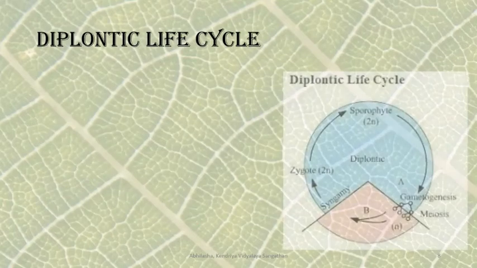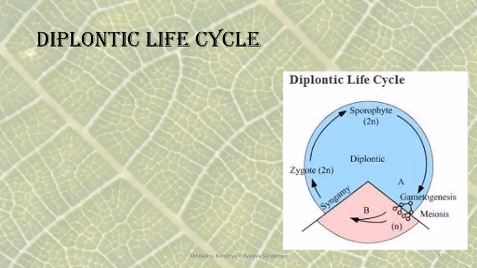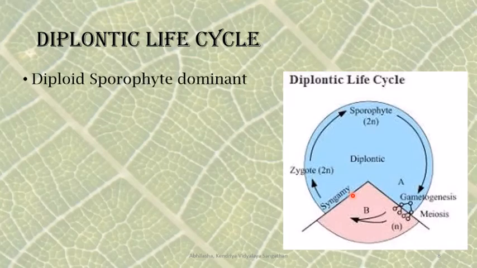The second one is the diplontic life cycle. In this you can see the diploid phase is more dominant, that is, the sporophyte is more dominant. The haploid phase is restricted to the gametes which are formed, and these haploid gametes, after syngamy, immediately produce the zygote. The main plant body is diploid, and only during the gamete formation the haploid stages are formed. So the diploid sporophyte is dominant.